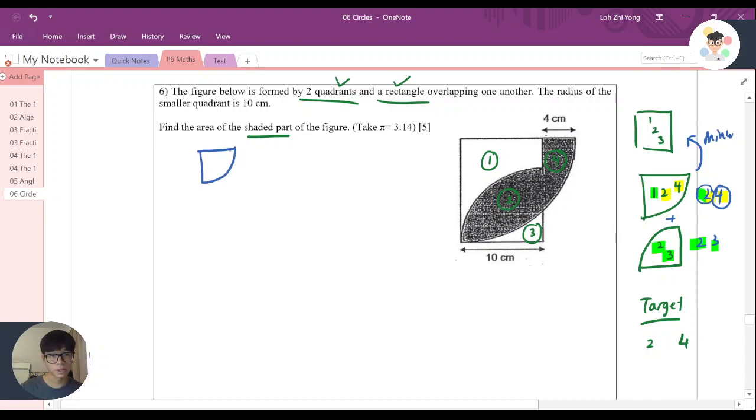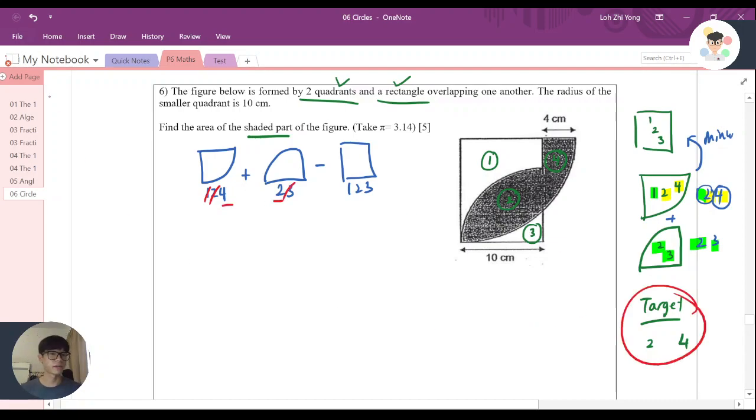If I have 1, 2, 4, and I add with this, which is 2, 3, I would have 1, 2, 4, 2, 3. But if I minus away the rectangle, which has the 1, 2, 3, what I'm left with is only 2 and 4, which is what I want to find. So with this concept, let's try to find out the answer.